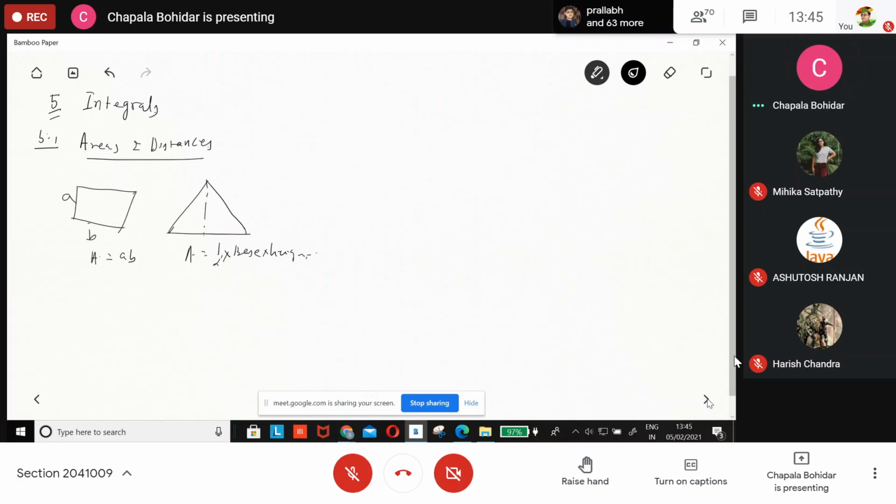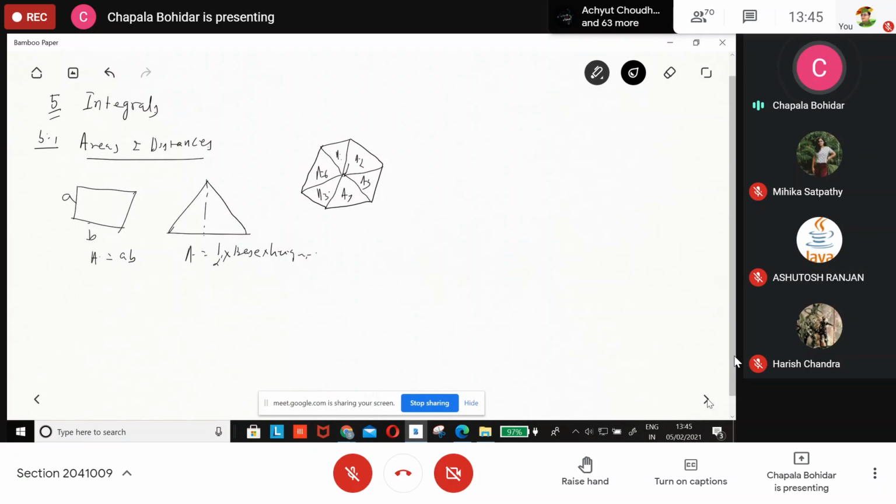If your curve is given to you like this, how do you find the area? Take the center, and prepare a number of triangles, say A1, A2, A3, A4, A5, A6.